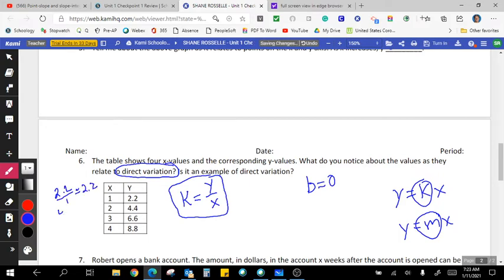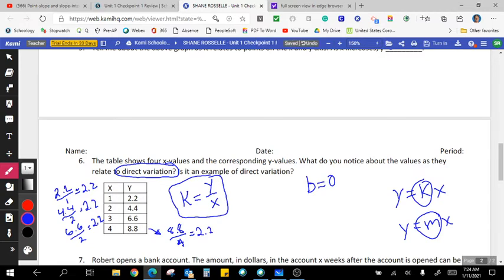Then I take 4.4 and I divide that by 2, and what do I get? 2.2. And then I take 6.6 and divide that by 3. Well, guess what? 2.2. Okay, and then on the other side here, I get 8.8 divided by 4, which equals 2.2.